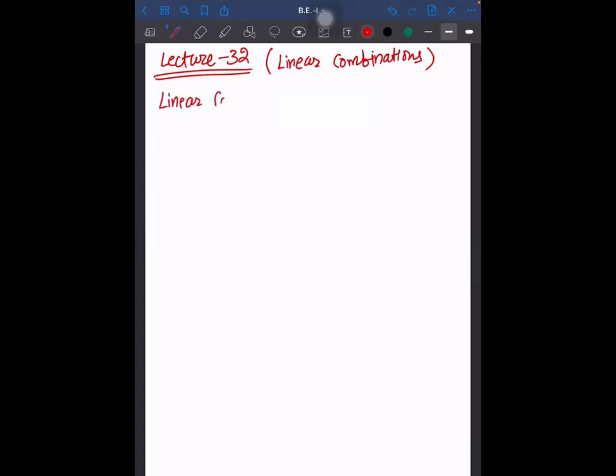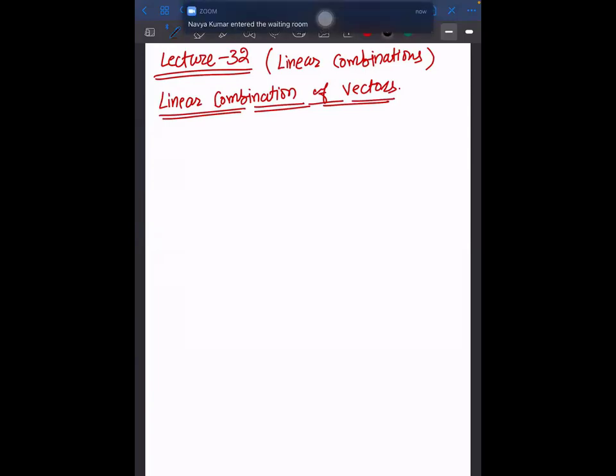Linear combination of vectors, right? So let v1, v2, ..., vn be n vectors.